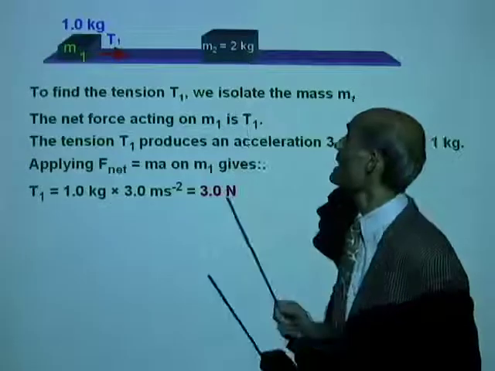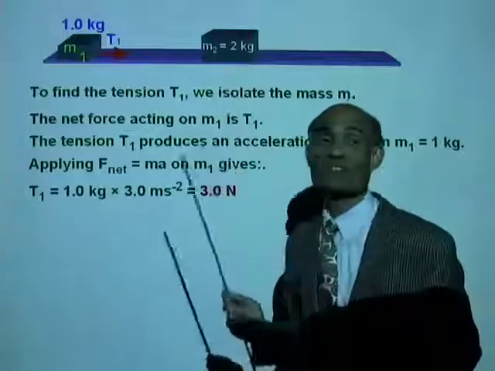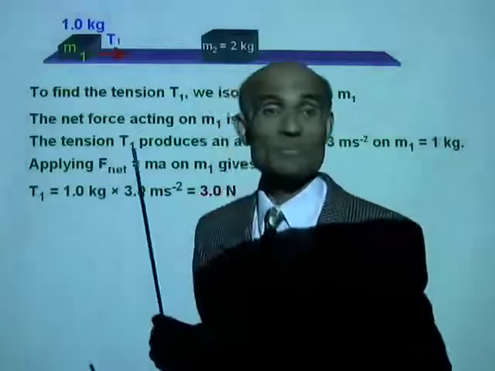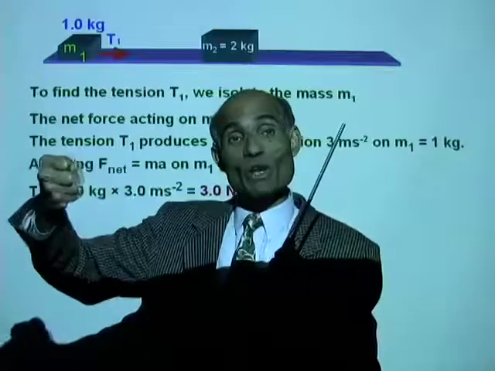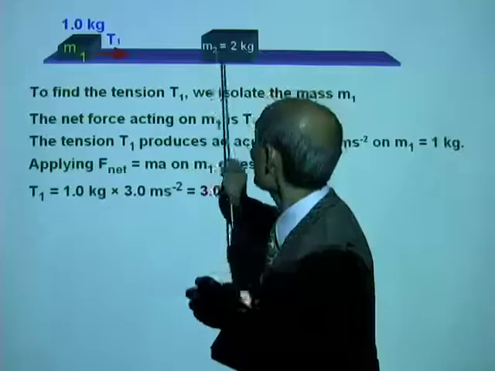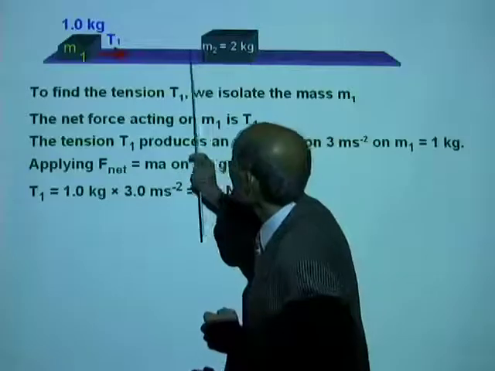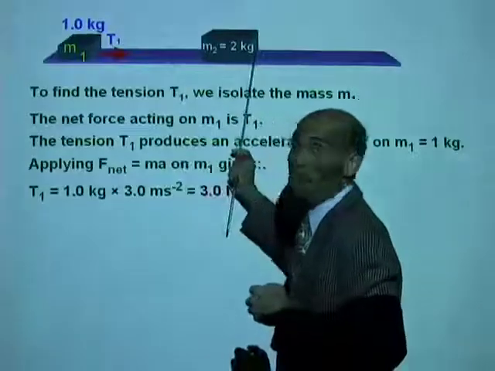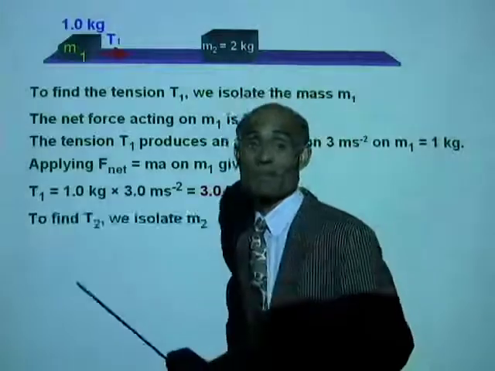Alright, let's now talk about M2. What are the forces acting on M2? Well, T2 is pulling it to the right and T1 is pulling it to the left. Is that right? This tension T1 will be pulling M2 to the left and the tension T2 will be pulling it to the right.